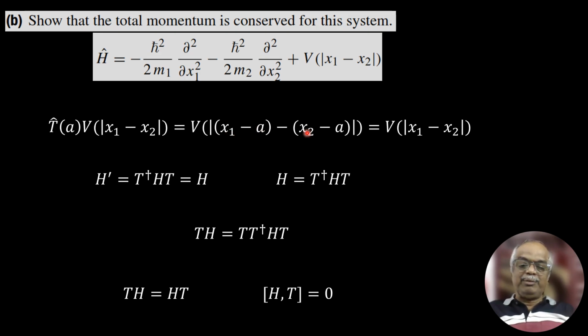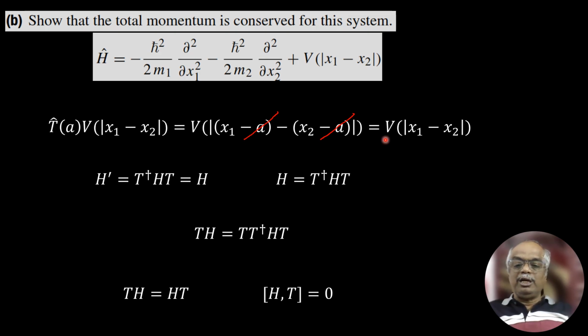The same thing happens to x2, giving x2 minus a. Now you can see that if you subtract, minus of minus becomes plus, so this minus a and this plus a will get cancelled. You will get V of modulus x1 minus x2. So the translational operator does not affect the potential. The potential is preserved under translation.